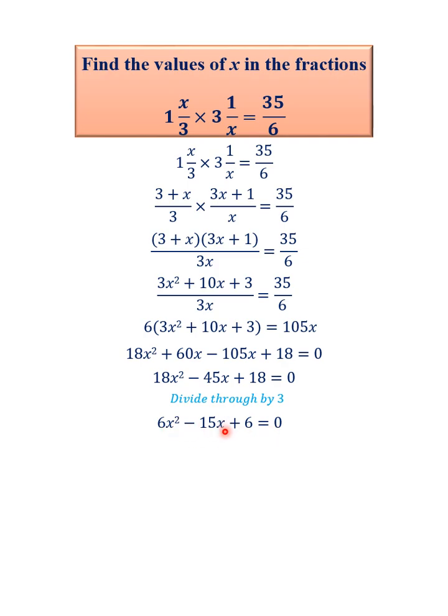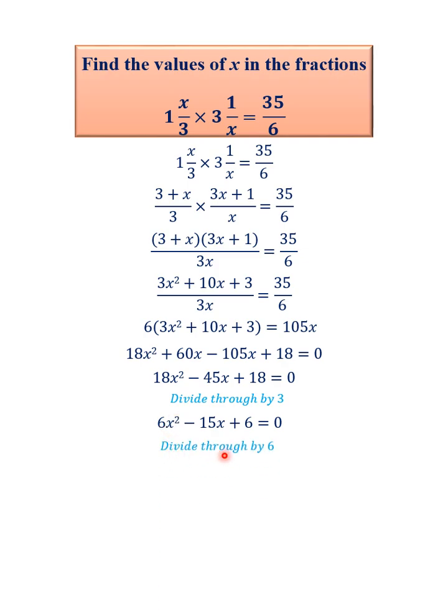And we are going to solve this problem by the completing the square method. If we are going to complete the square for this one, the first thing we want to do is to make sure that the coefficient of x squared, which is the leading coefficient, is 1 by dividing through this equation by 6. If we divide through by 6, we will successfully make the coefficient of x squared to be 1.